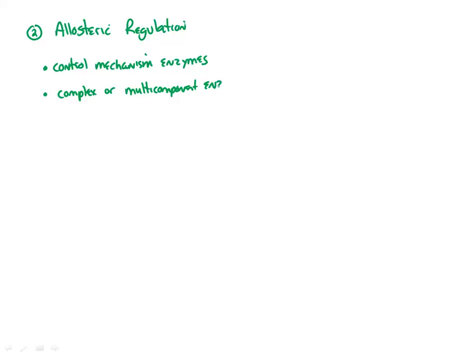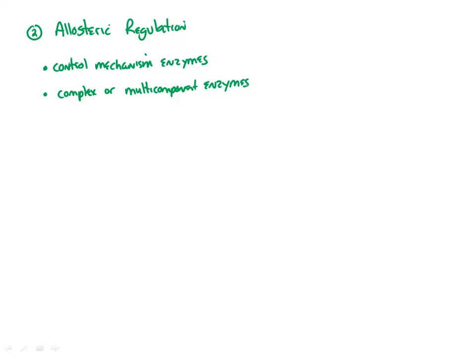One thing that we should also realize is that enzymes come in a variety of complexities, meaning we can have single enzymes that have only one unit or one piece to them, in which case allosteric regulation may not occur, meaning you may have to use another mechanism to control their rate by simply inhibiting them with a secondary molecule.